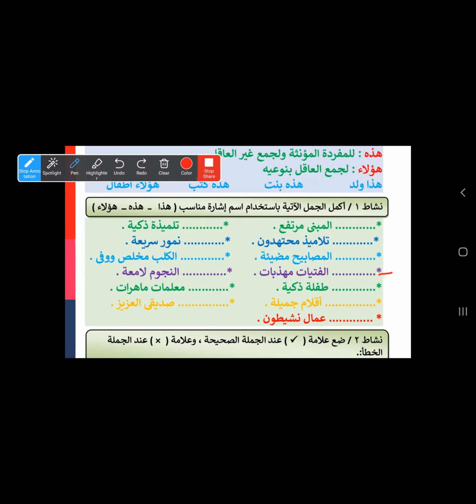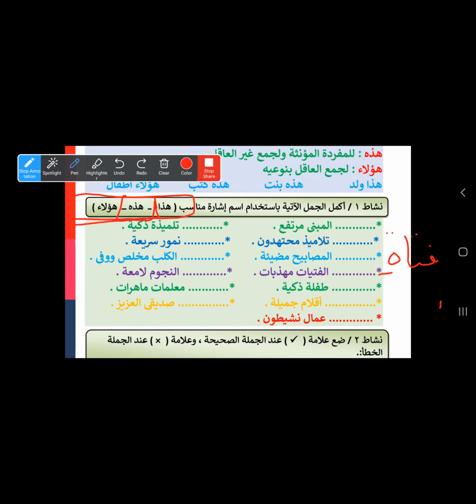الفتيات مهذبات. نعم. So you have to select any one of these three. Right? نعم. What does فتيات mean? الفتيات is the plural of فتاة. A girl, young girl, فتاة.